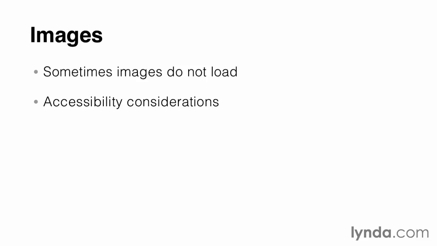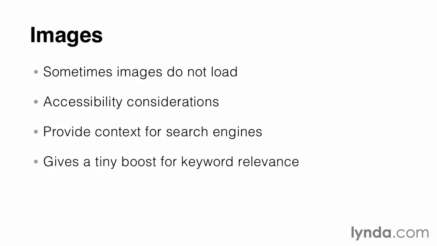And so the alt attribute provides text and context for the search engines and anyone using accessibility-based software to use your website. The nice thing is that you get a tiny boost for keyword relevance. But don't abuse and overuse these elements. These elements are used to provide people the means of navigating your website even though they can't see images.